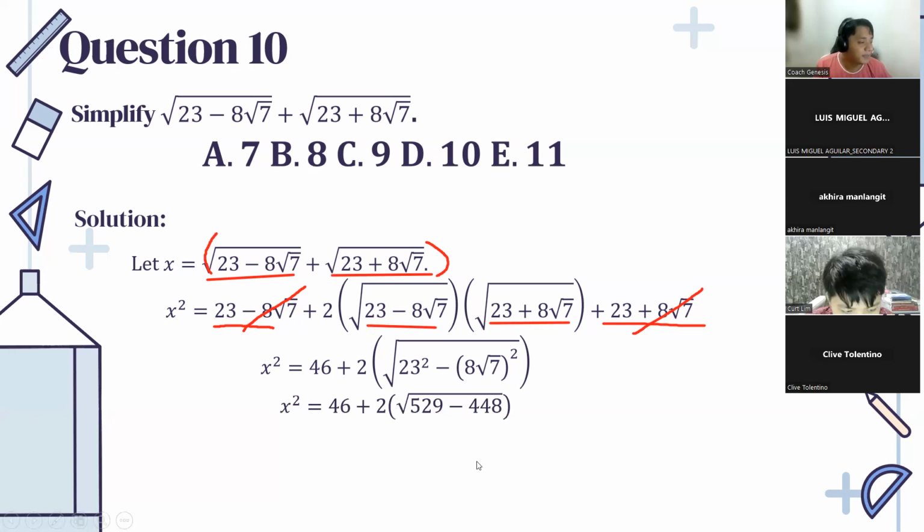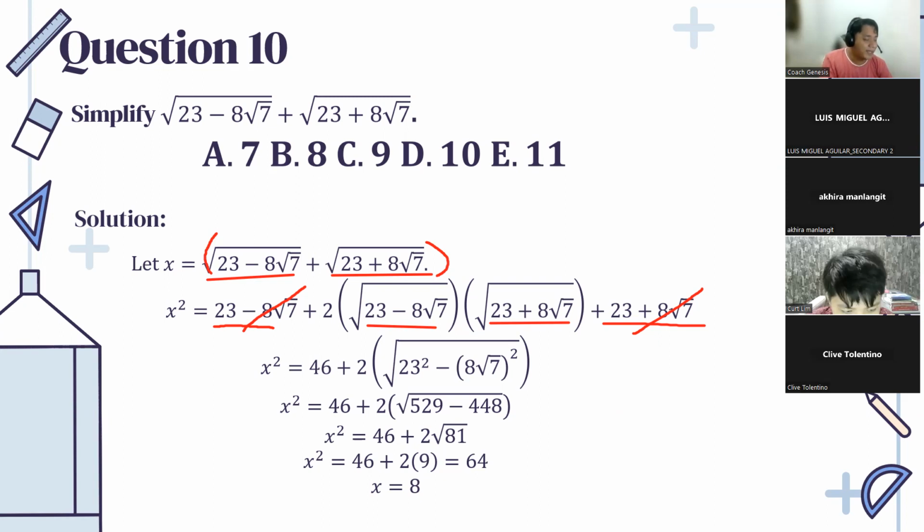Now, when we simplify this even further, you'll get x squared is equal to 46 plus 2 square root of 81, which will just give us x squared is equal to 46 plus 2 times 9, which is 18. So 46 plus 18 is equal to 64. And if we try to get the value for x here, that will just be positive 8. So the answer for number 10 is letter B, positive 8.